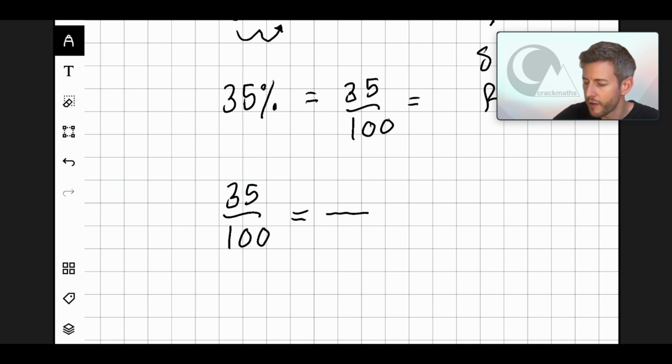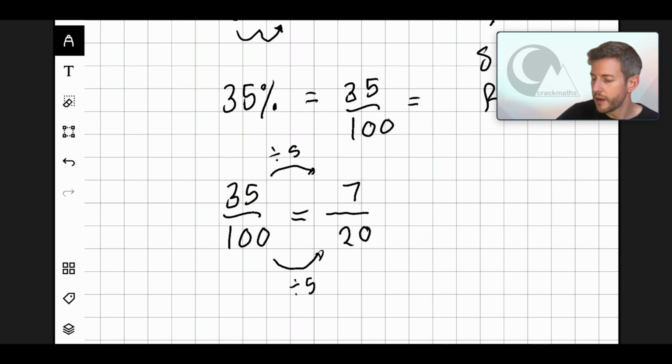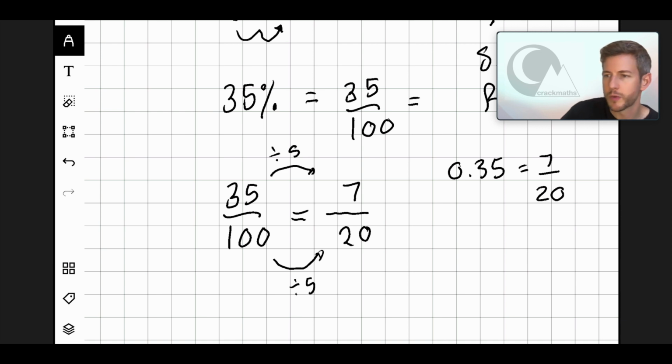So 35 divided by 5 is going to give us 7. And 100 divided by 5 is going to give us 20. So there we go. 0.35 equals 7 over 20.